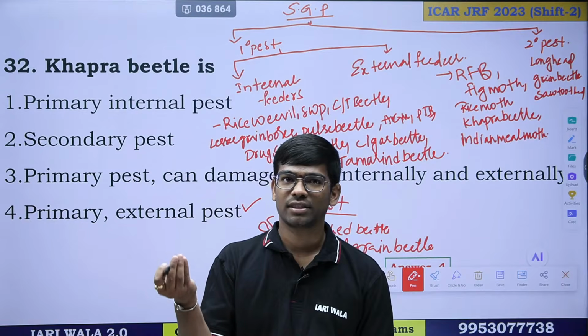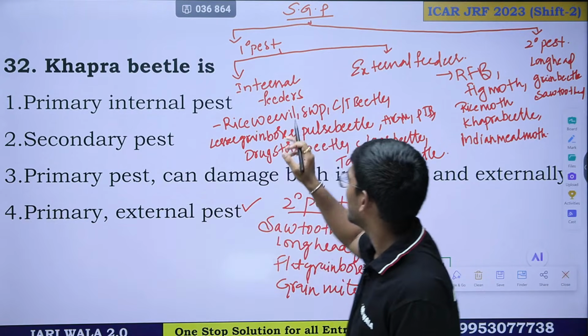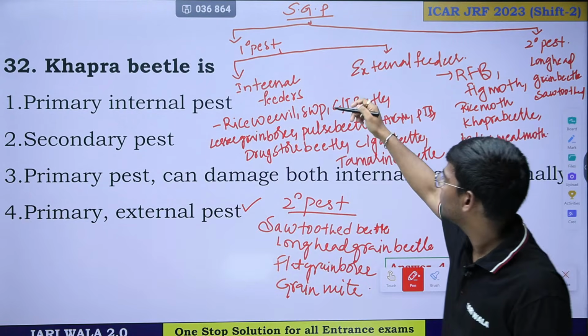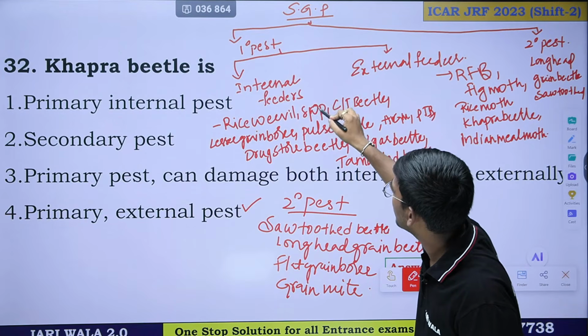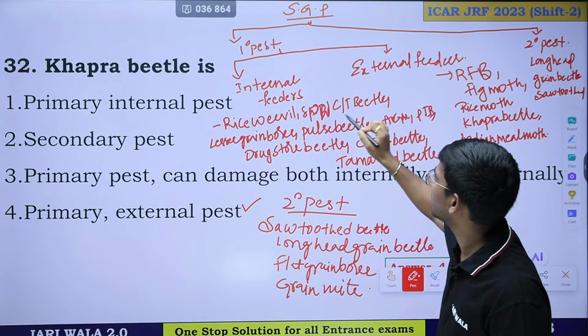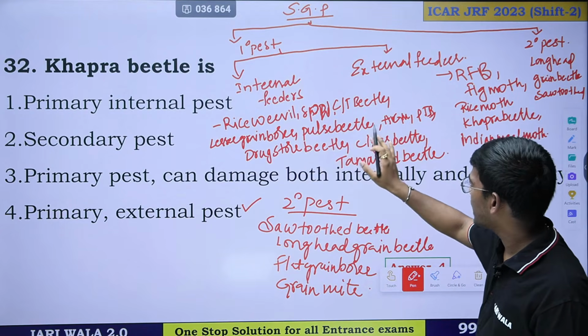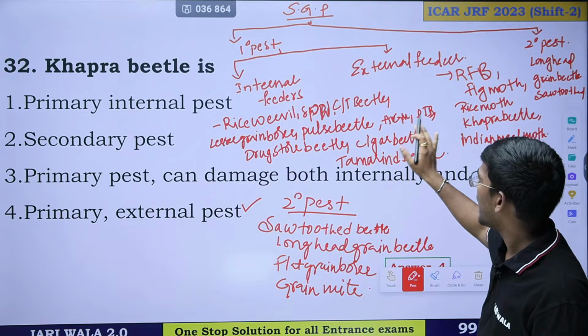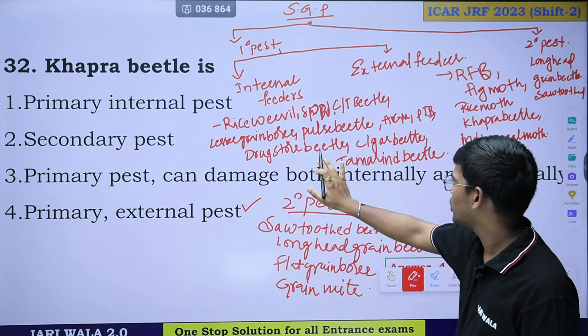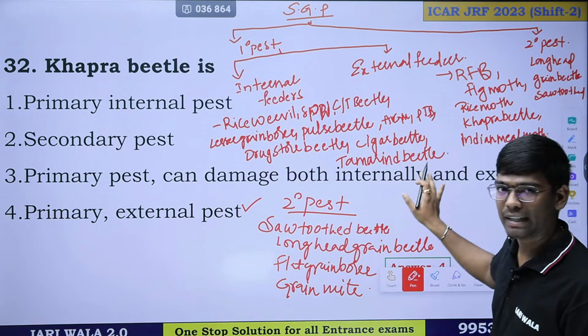In internal feeders we are having 10: rice weevil, sweet potato weevil, cigarette or tobacco beetle, lesser grain borer, pulse beetle, Angoumois grain moth, potato tuber moth, drugstore beetle, cigar beetle and tamarind beetle.